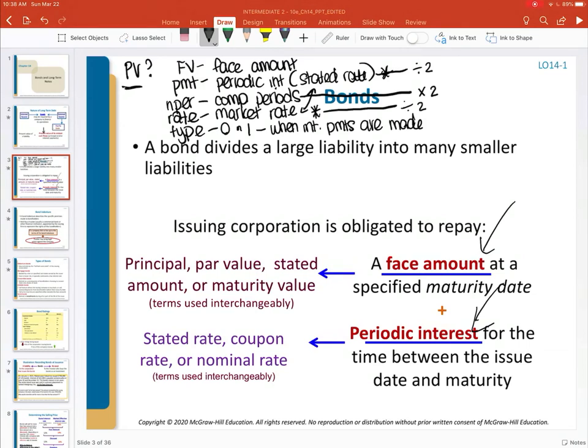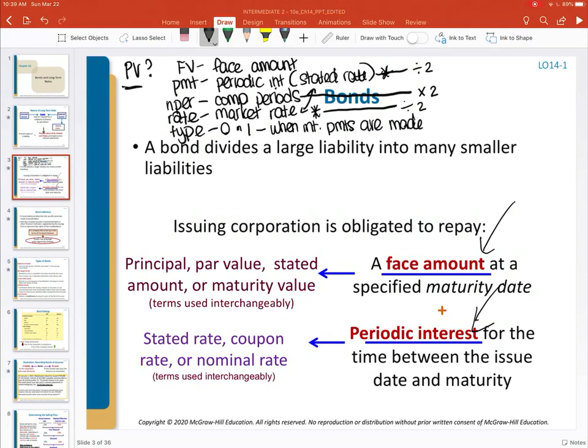So if we are only making a payment for 6 months' worth of interest, we have to take that annual interest rate and divide it by 2 to break it down to a 6-month interest rate. So we multiply the number of years by how many times we compound per year, and we divide the interest by the number of times we compound in a year.